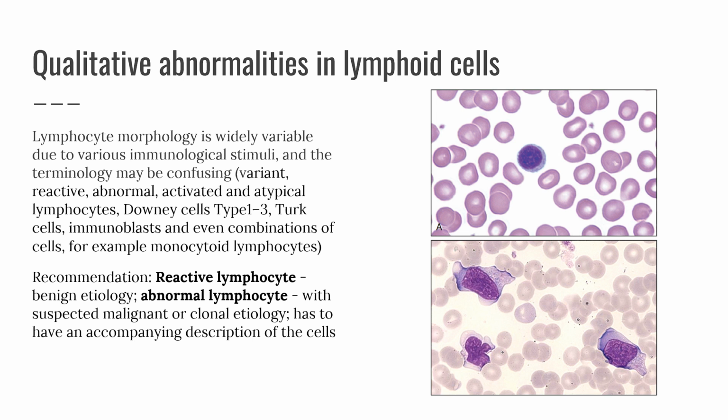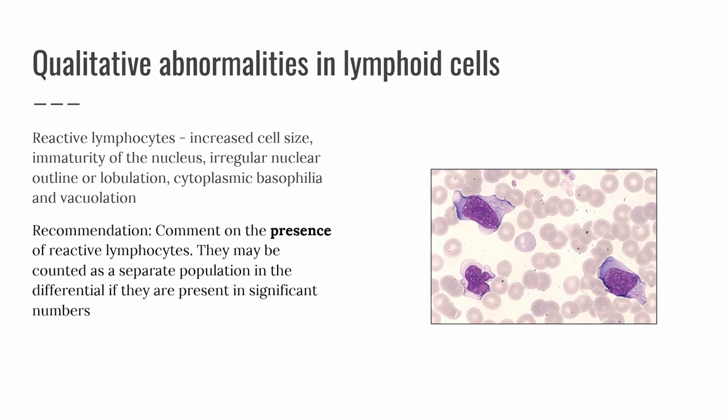Reactive lymphocyte if you are suspecting a benign etiology, or abnormal lymphocyte if you suspect that the etiology is malignant or clonal. However, there should always be a comment or description of the cells. If you see just a few reactive lymphocytes, then you can just comment on their presence. If they are seen in significant numbers, then we can actually count them as a separate population from your lymphocytes.